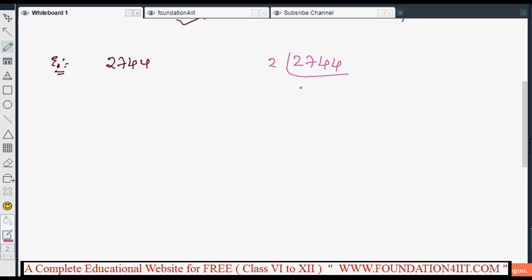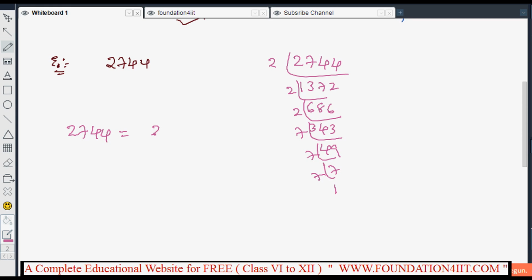You can start doing prime factorization. That is 1372. 2 table, 6 12, 1 carry, 8 6. 2 table, 343, right? Again, like the previous example, 7 49s are 343, 7 sevens are 49, 7 ones are 7. So finally I can write 2744 is equal to 2 into 2 into 2 into 7 into 7 into 7.